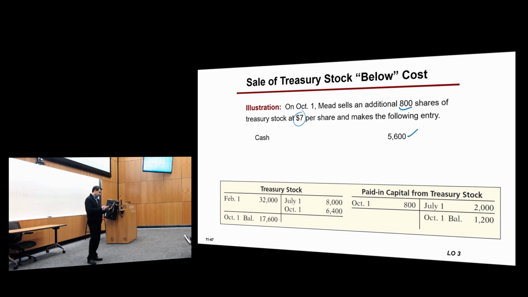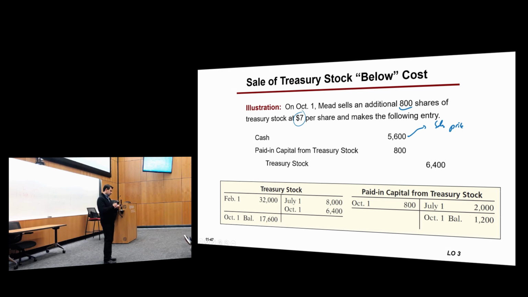So this is again based on sales price. What about treasury stock? It would be credited how much? 800 shares multiplied by 8. This is how much it costs. This is 800 multiplied by 8, which was at cost.